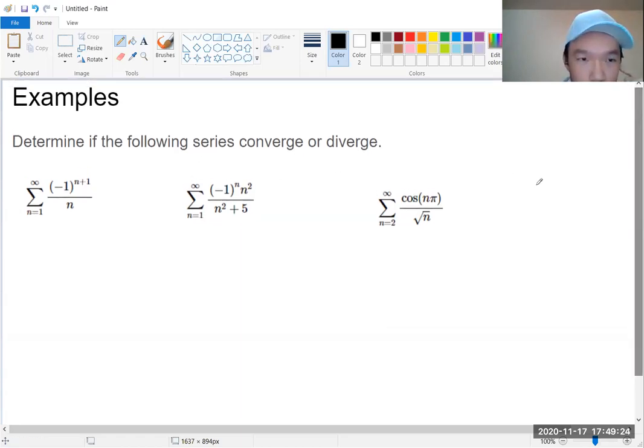Taking a look at the first example, we have a series from n equals 1 to infinity of (-1)^(n+1) divided by n. Okay.